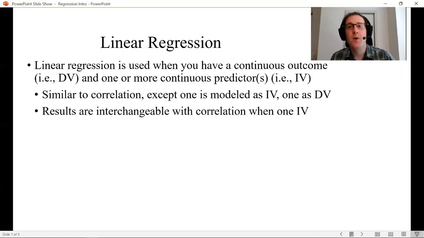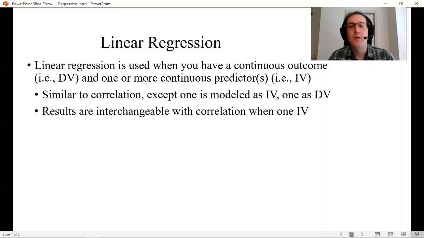Whereas if you're doing a correlation, that means that you just think that they're related to each other, but you're not necessarily making an assumption about one causing the other. Whereas in linear regression, you are doing so because that's how you're setting up that statistical model.